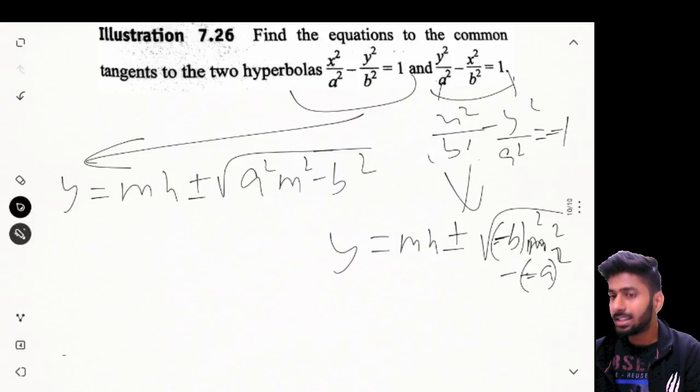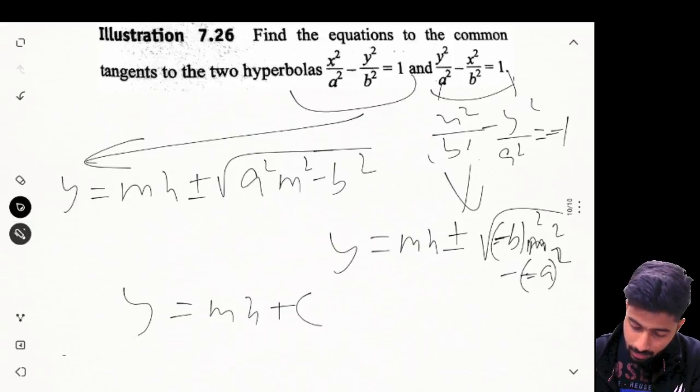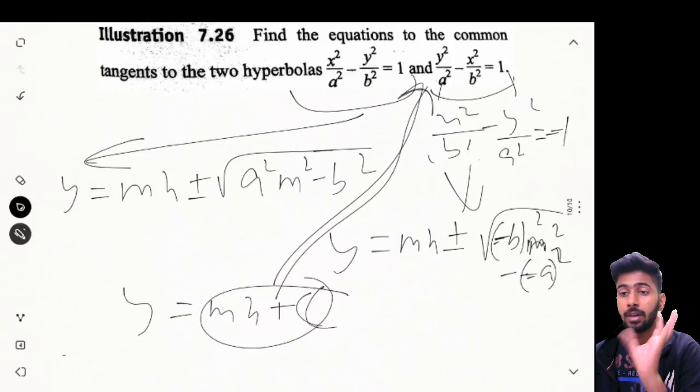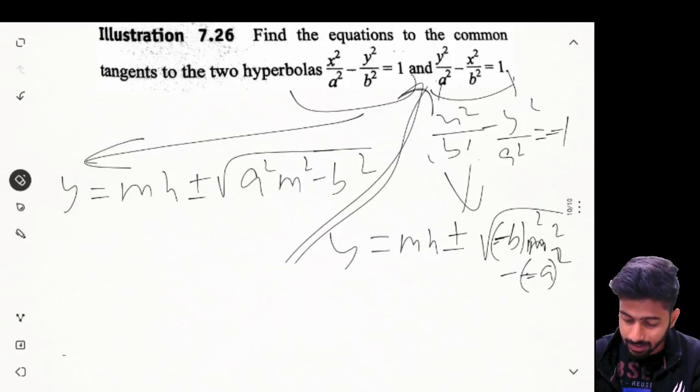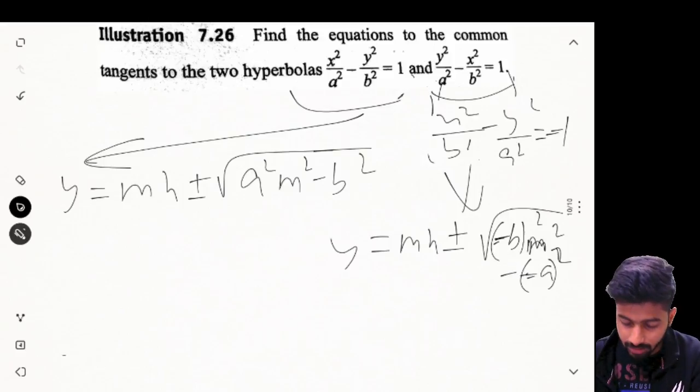It's a very simple process. What you'll have to do is let y is equals to mx plus c be a tangent to this curve. Put mx plus c in this curve and get the value of c by equating the discriminant of the quadratic in x to 0, because you want a repeated root. That is a standard procedure that we've been doing in this section all this while.